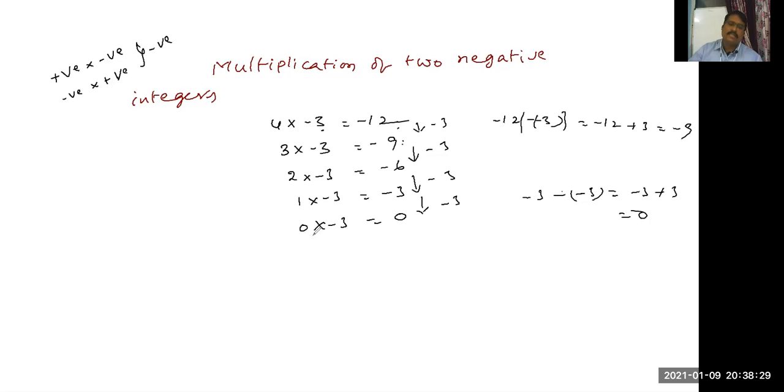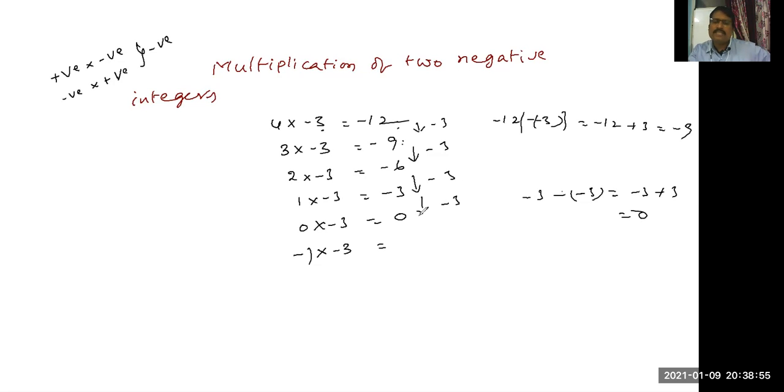Now the multiplier is decreasing by 1. So minus 1 into minus 3. Here also we decrease by minus 3, the constant term.